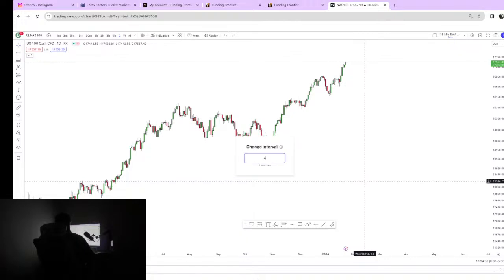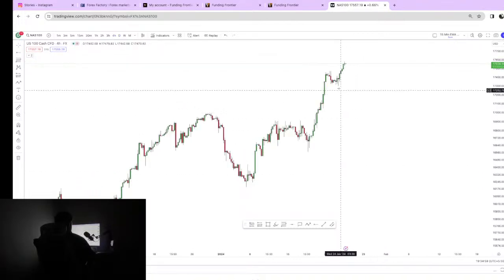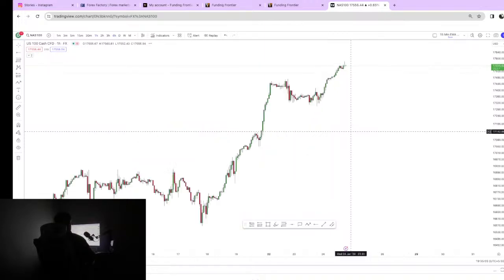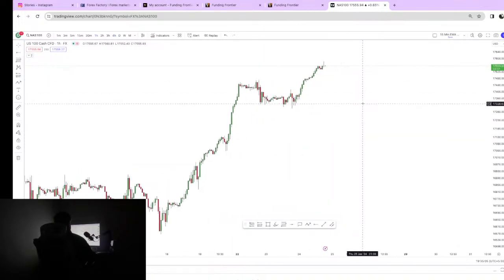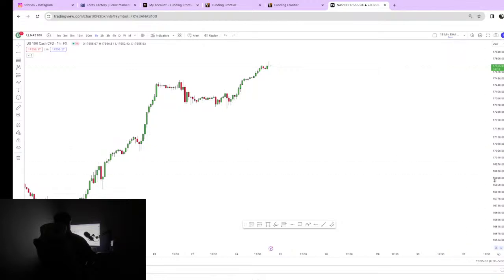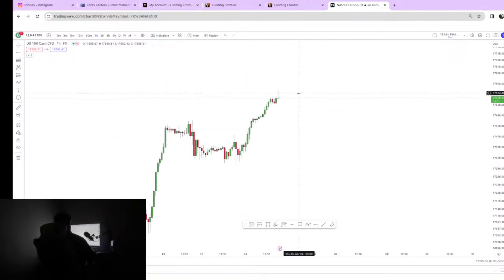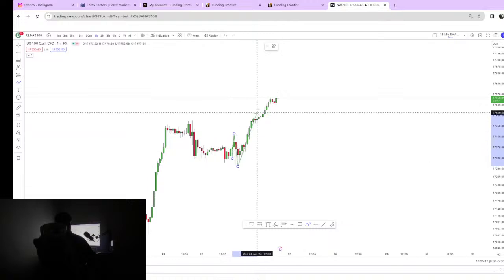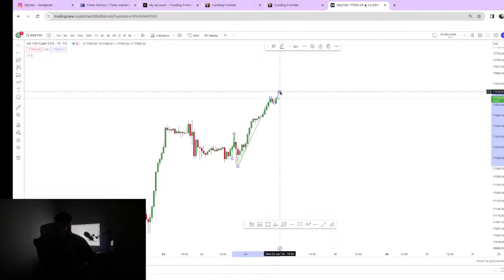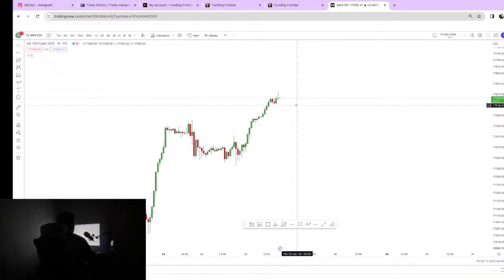Then we'll shift to the 4 hour time frame. Same, it's an uptrend, higher highs, higher lows. Okay. Next is the 1 hour time frame, right? It's also an uptrend, higher highs and higher lows, right? Clear uptrend. So all our bias is bullish only.